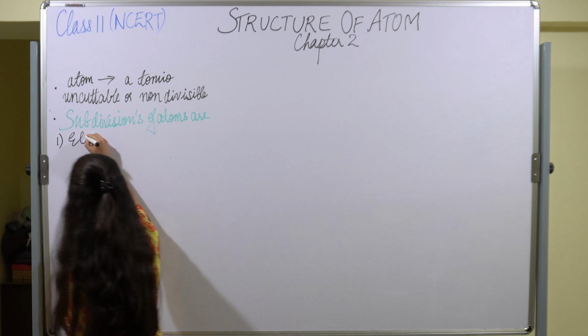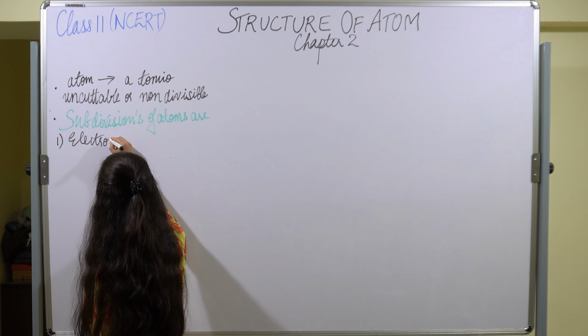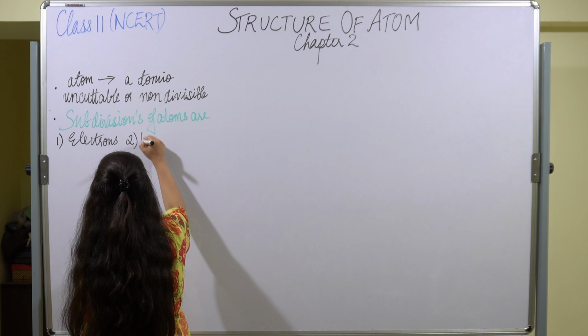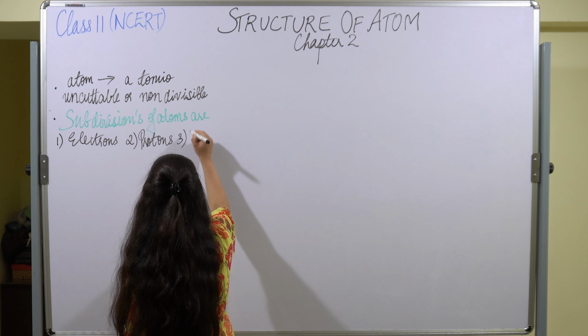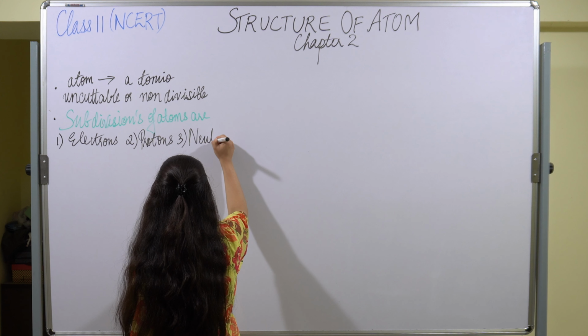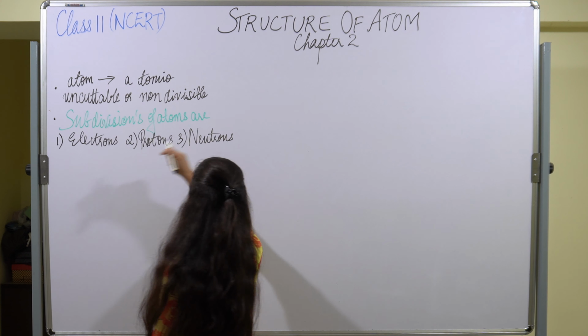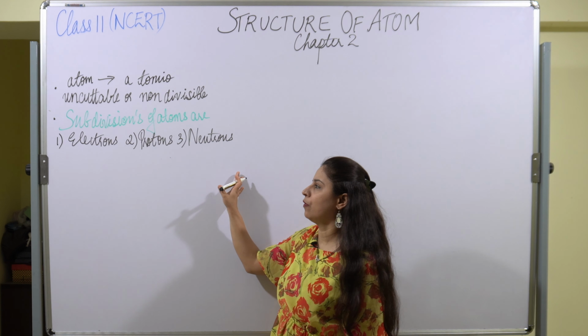Firstly, the electrons. Second, the protons. And third, the neutrons. So these are the three subdivisions of the atom.